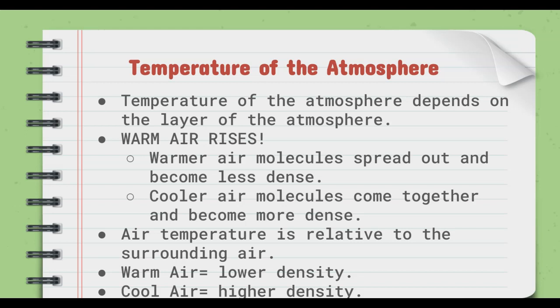You could have a negative 30-degree air mass, but a negative 20-degree air mass is a little bit warmer, so we would call that the warm air mass. Those are obviously extreme examples. Warm air equals lower density, and cool air equals higher density. So warm air is less dense, cool air is more dense.